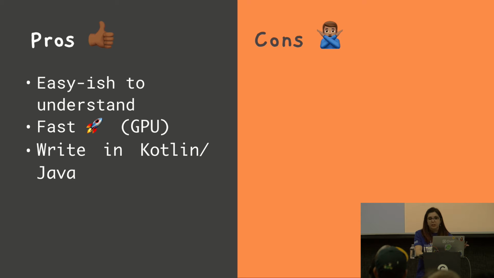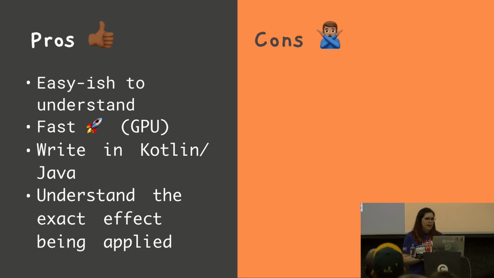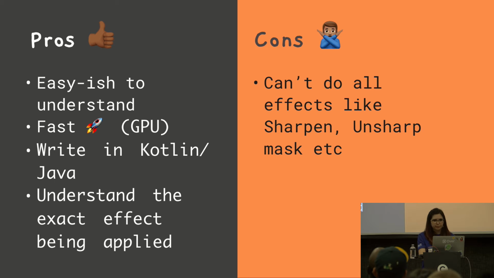And you can write it in Kotlin or Java if you want, so you don't have to interface with any other language. The best part about this is that you also understand the exact filter that's being applied. Because you're setting the values of the matrix, you can store that and retrieve it at some point and load it up again. So it's really nice for restoring the state of your image.